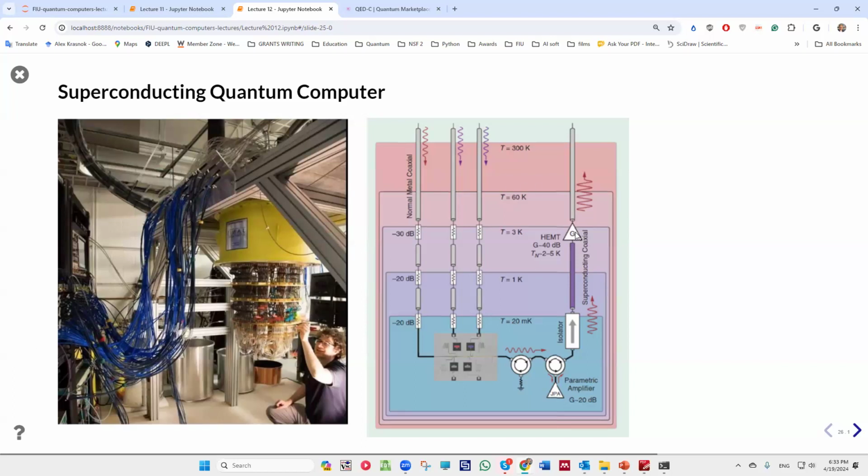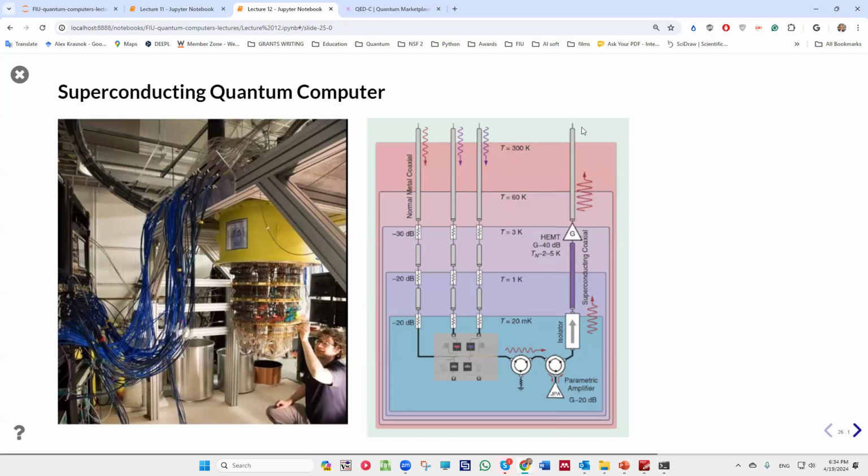The picture on the right shows the schematic of the simplest quantum computer. We have this quantum chip with Josephson junctions at the lowest stage of 20 millikelvin, we have input pulse sequences shown here in red, we have control pulse sequences shown here, and then we also have this readout part.